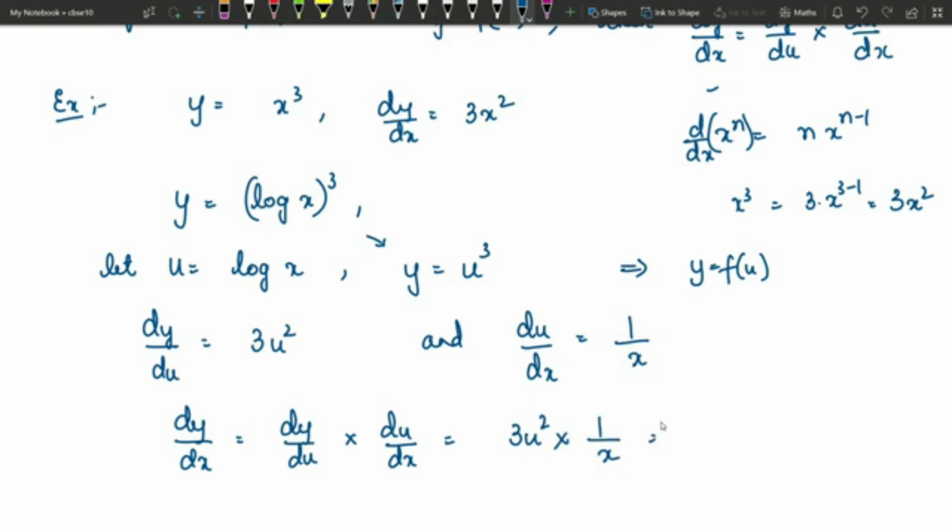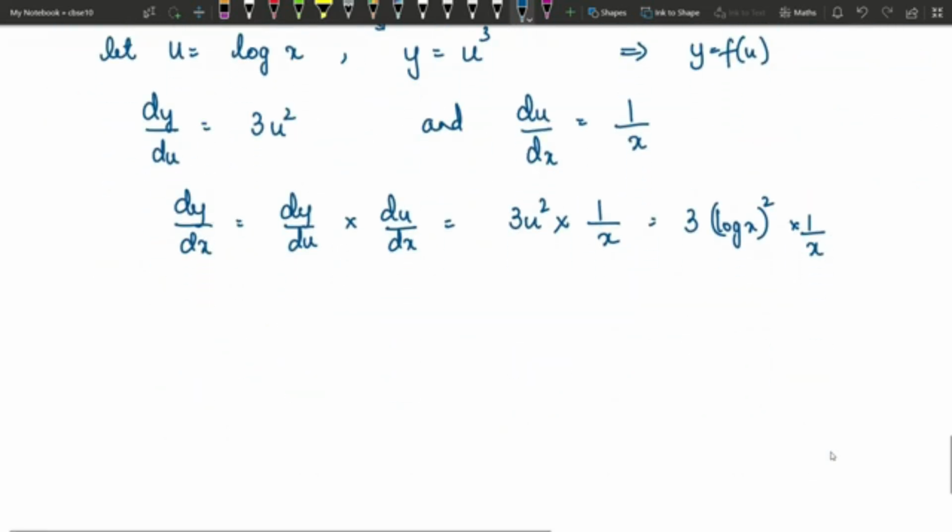We have introduced the new variable u, therefore we need to simplify it also. So I will write 3 into u is log x, so 3 into log x whole square into 1 by x. This is going to be the answer for dy by dx.